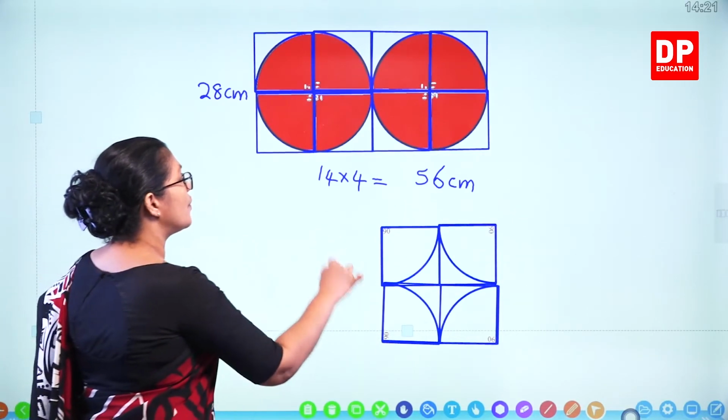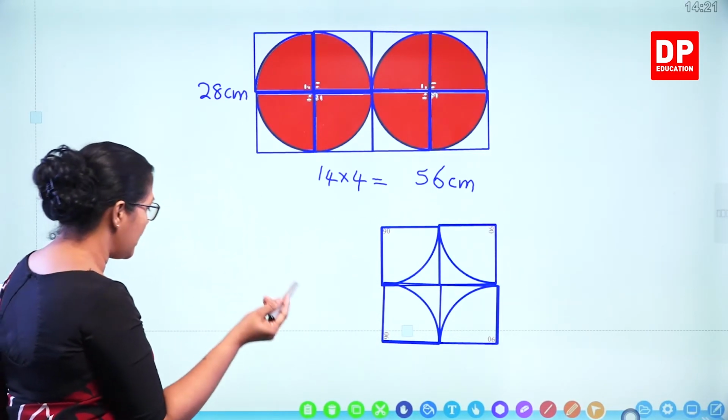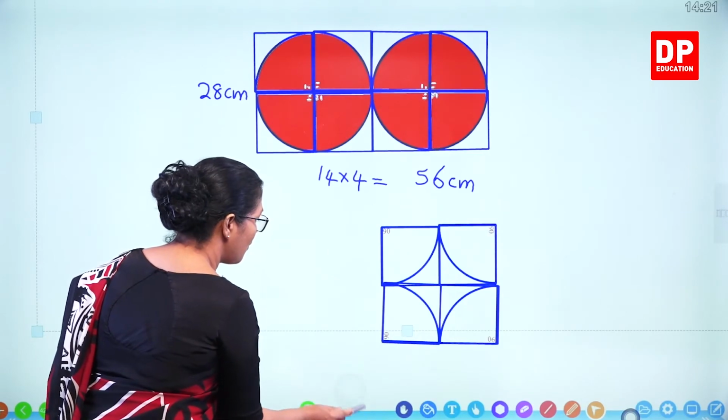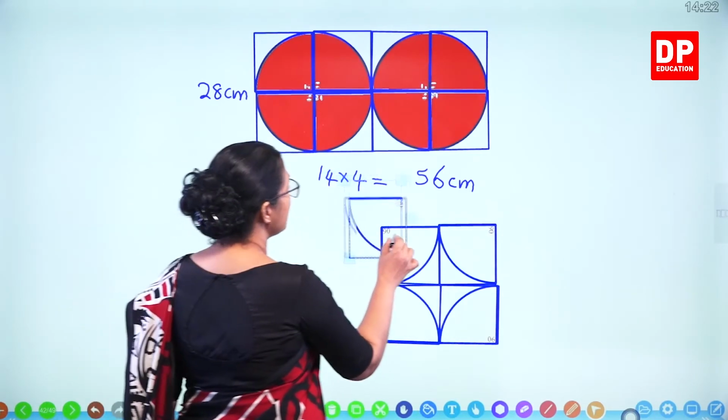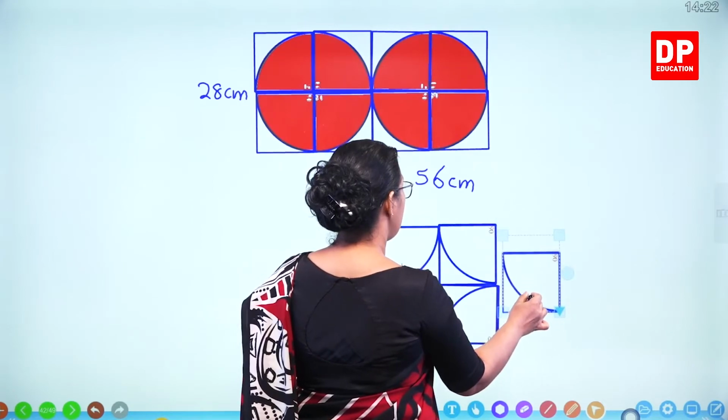So this one, that's 4. You can get another 4. We'll take another one and fit.